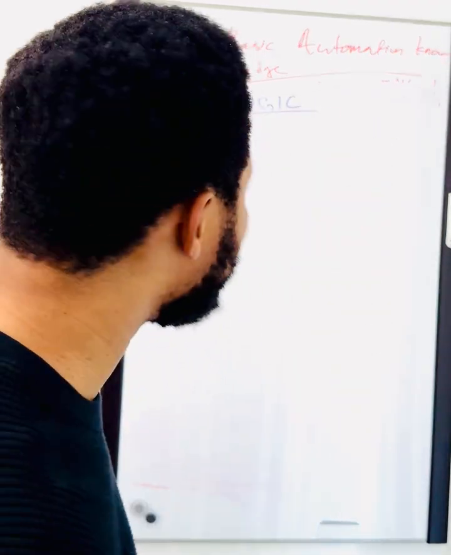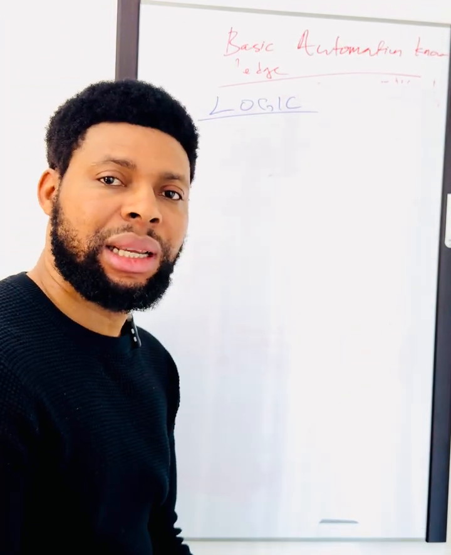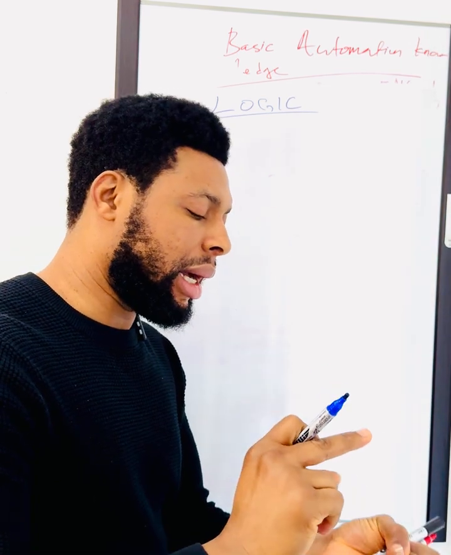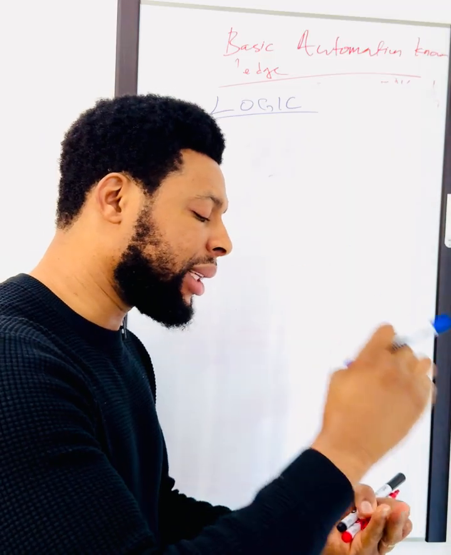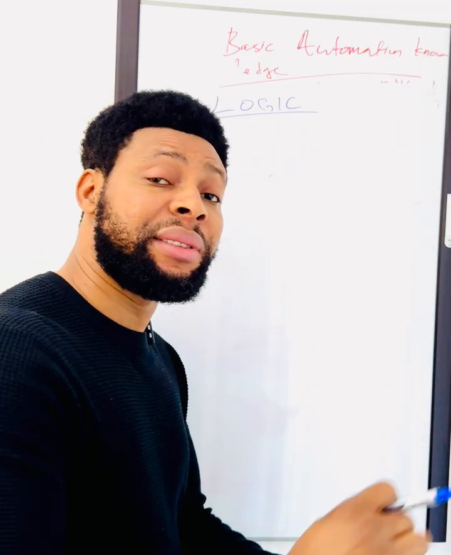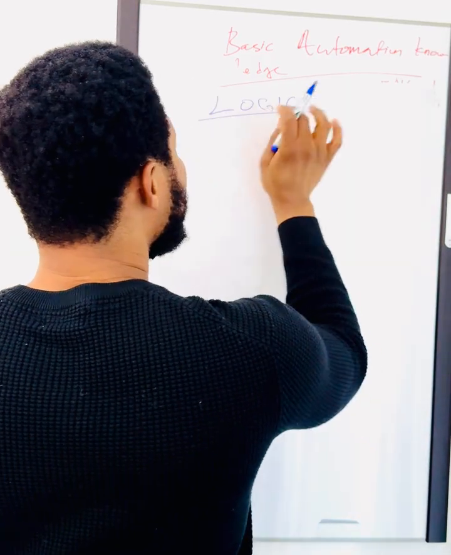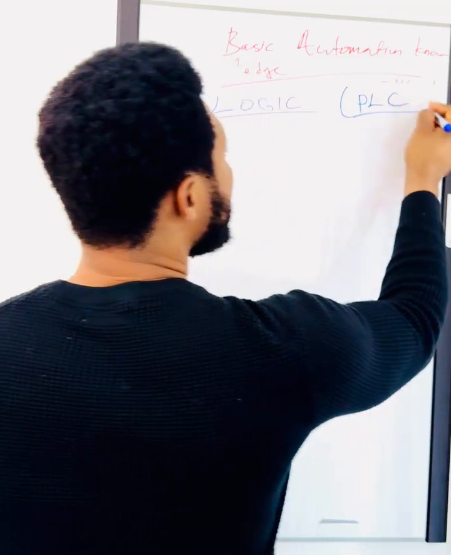Now, logic, that's the intelligence, how the sensor signals are combined to give output, right? The interaction between the sensors and the feed devices to give the desired output is found in the logic. Mostly, they are programmed inside your PLC, programmable logic controller.